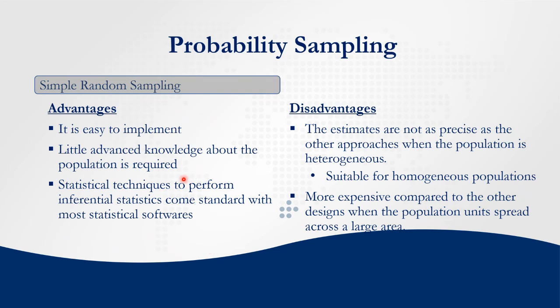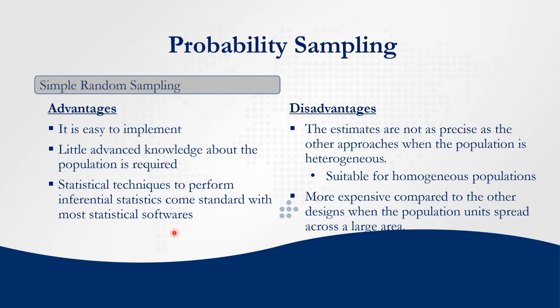As you can see, we didn't use any information about the students. We just put them together because we are assuming they're the same, and then we just sample from the whole group. So you don't need a lot of information about the population. And most statistical software assume that your sampling was simple random sampling, so the analyses come standard with most statistical software.